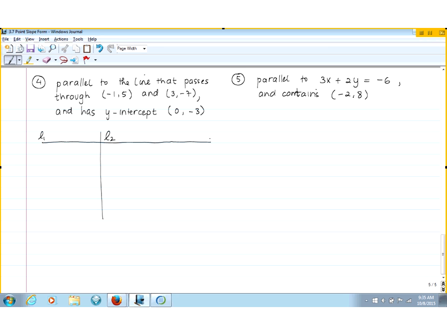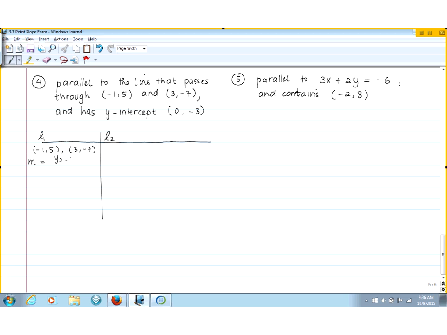What do we know about L1? It passes through what 2 points? Negative 1, 5, and 3, negative 7. Okay, then what would you do? You have to find the slope, right? So anything from line 1 that we need is the slope.